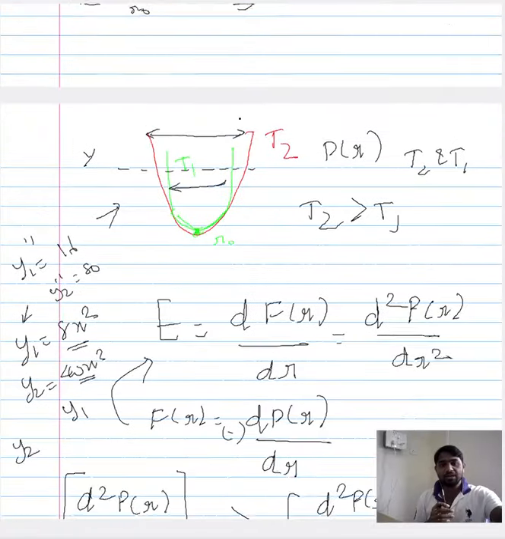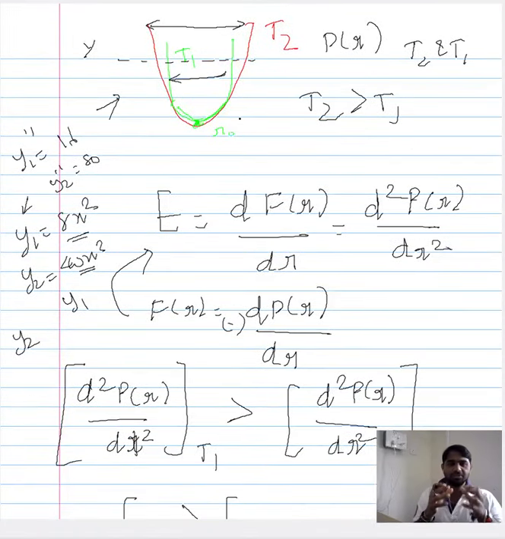We saw the primary difference between these two plots was that one parabola was much sharper when you compare it with the other parabola.